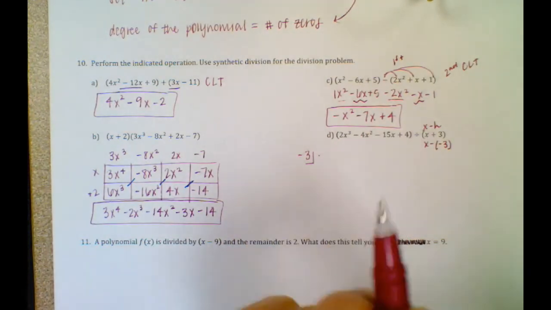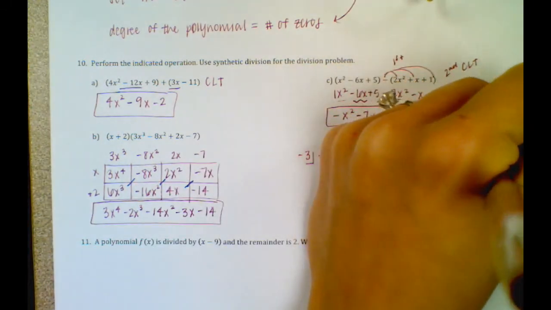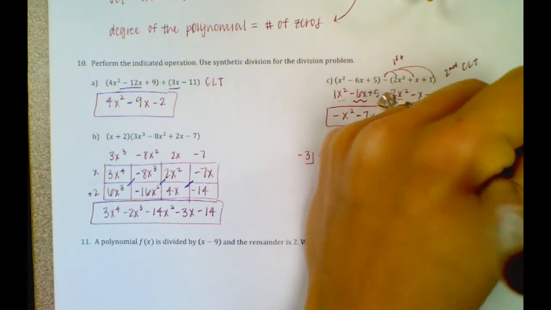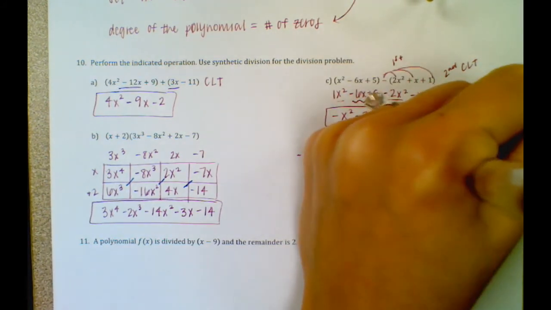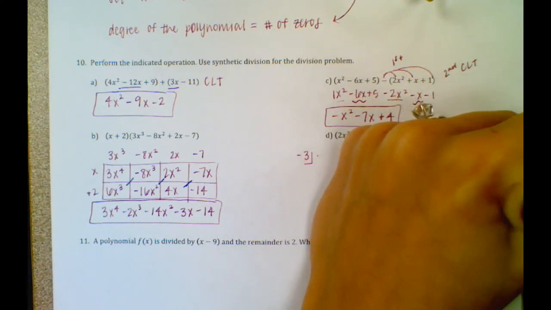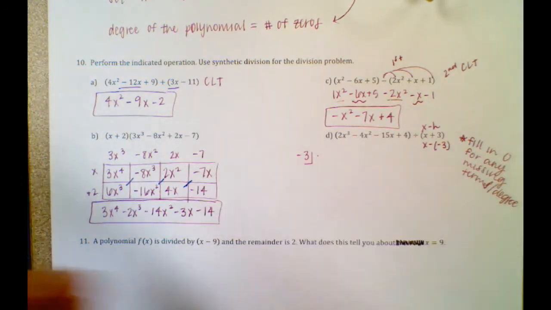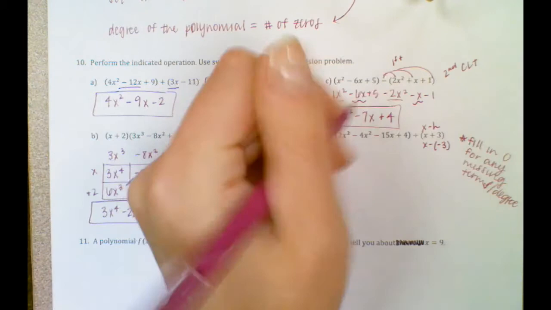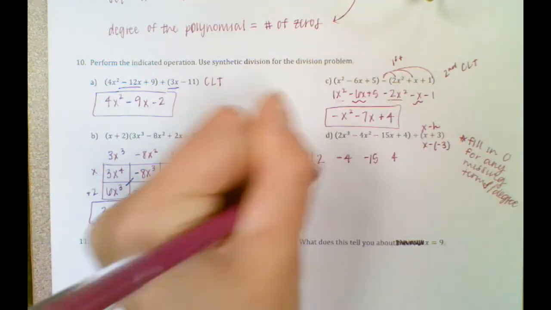Fill in a 0 for any missing terms. So if you have like a missing degree, that's when you're going to plug in a 0. I start at 3, 2, 1, 0, so I'm good. I don't have to fill in any missing terms. So I have 2, -4, -15, and 4.